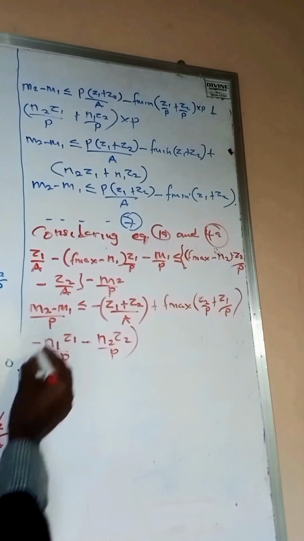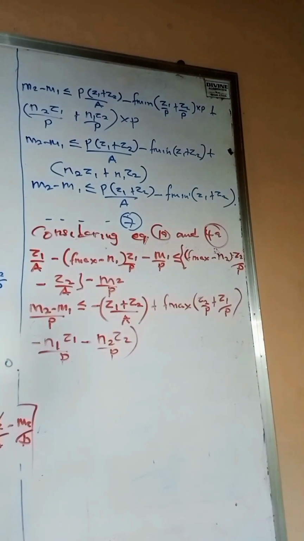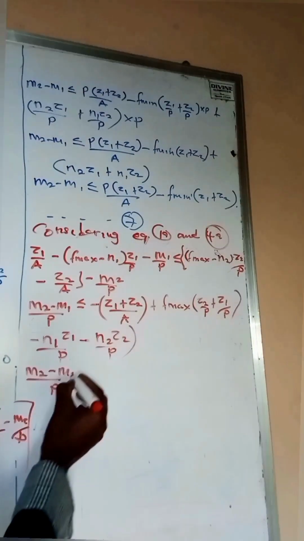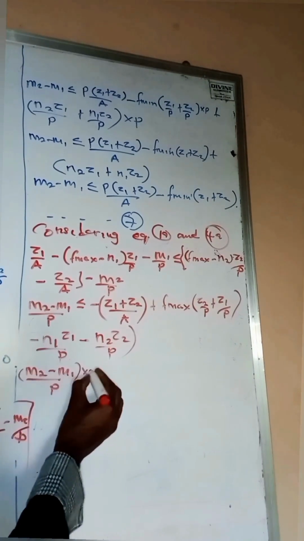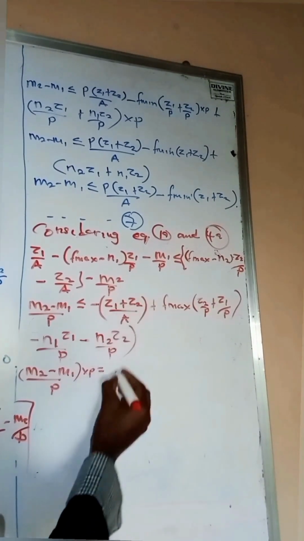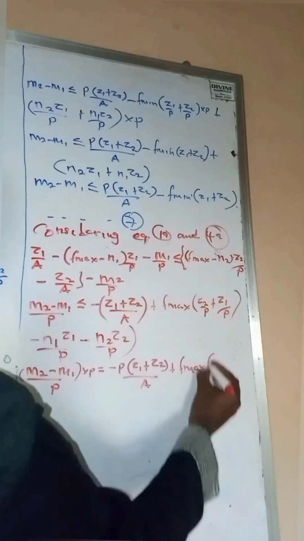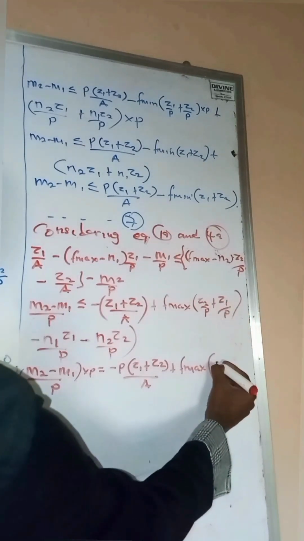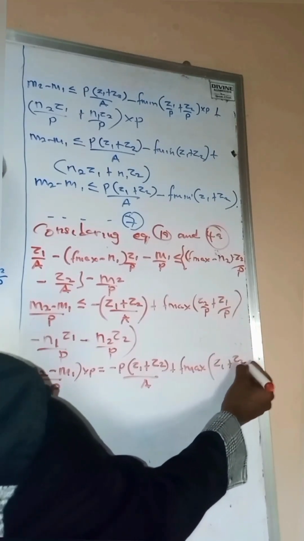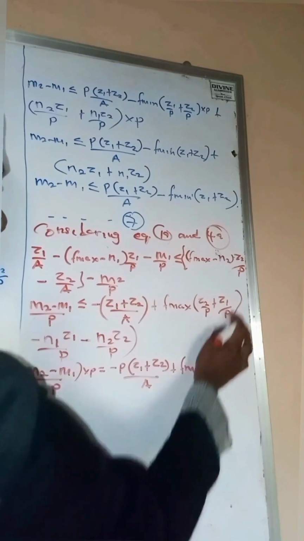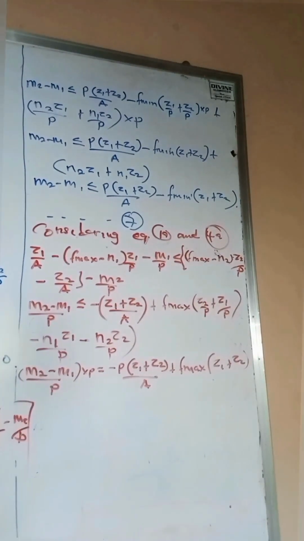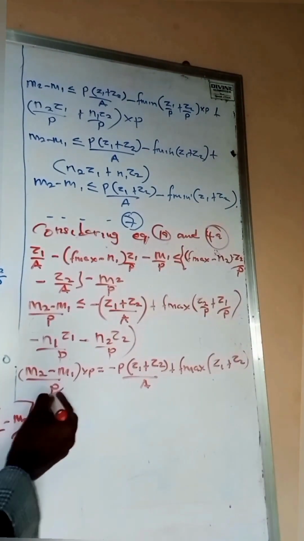Okay, so this is what we have as the expression. If this side is multiplied by p, it gives us negative brackets z1 plus z2. P cancels p, so the p strikes out.